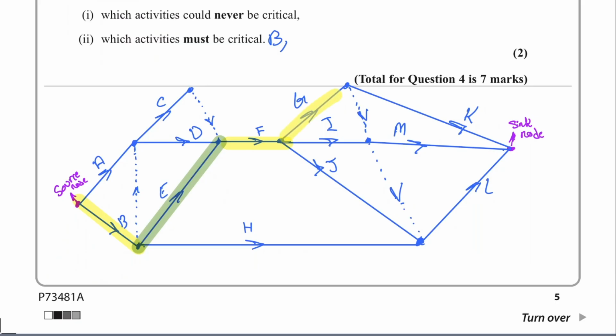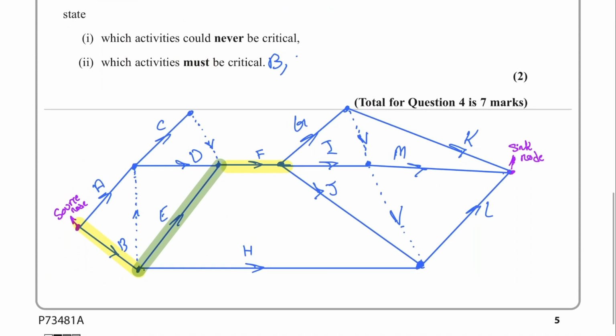Now we cannot say G, I, or J, because one of these is going to be critical and the others are not, and we do not have enough information to make out which one's going to be critical and which ones are not. As the question says, must be critical. So F is guaranteed to be a critical activity. So for now, we only have B and F. They must be critical.